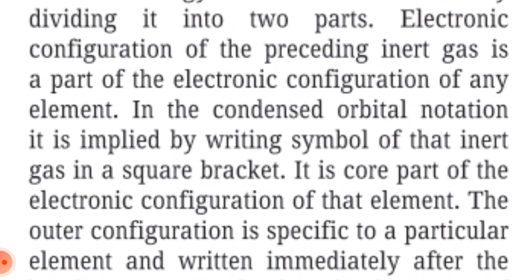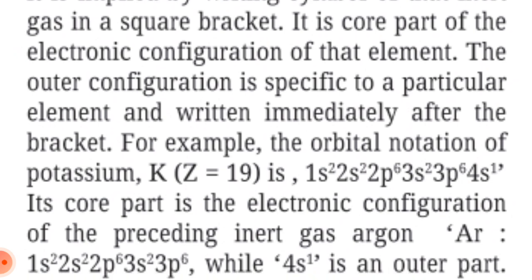The electronic configuration of the preceding inert gas is a part of the electronic configuration of any element. In the condensed orbital notation, it is implied by writing the symbol of that inert gas in a square bracket. It is the core part of the electronic configuration of that element.